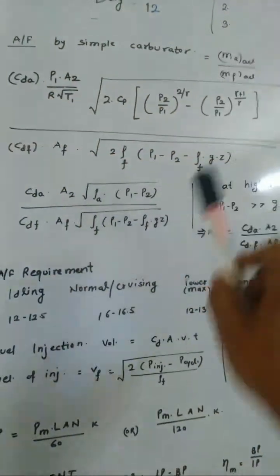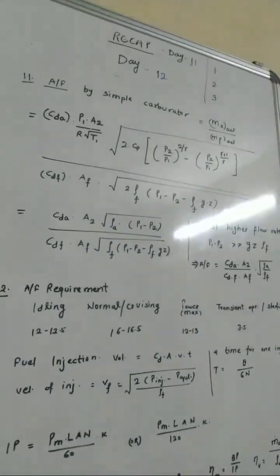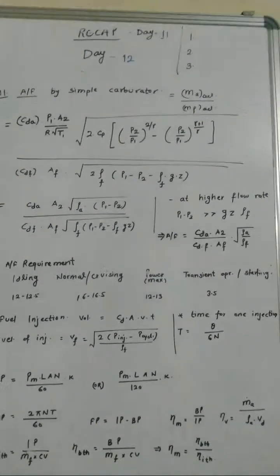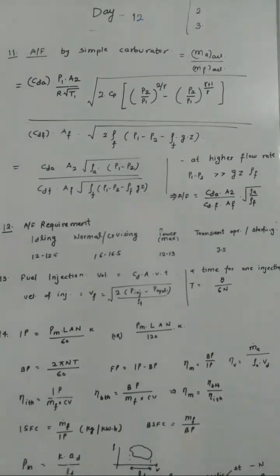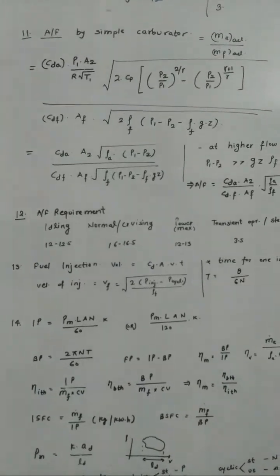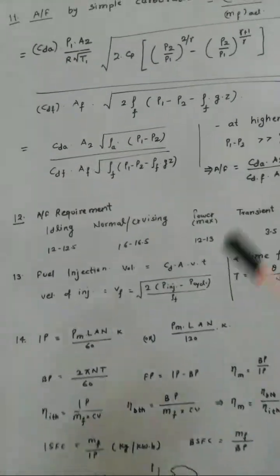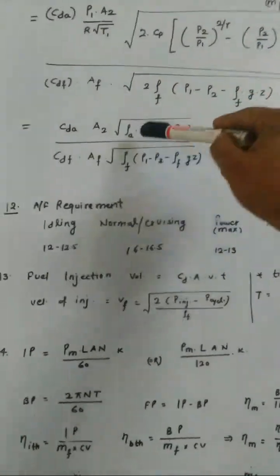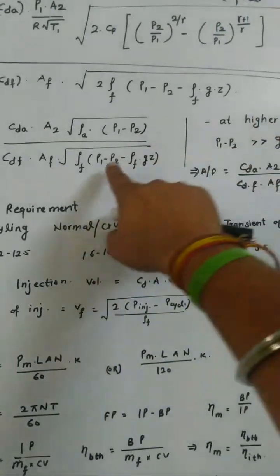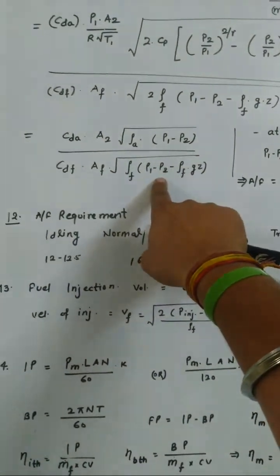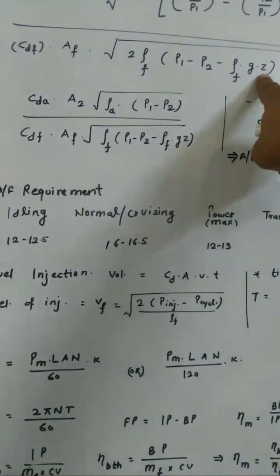This is the case when the air is being considered as compressible, as it is, air is always compressible. But if we have some assumptions given like consider air as incompressible, then these pressure terms will come in this way. And generally for higher discharge, this P1 minus P2, the pressure difference, is very high compared to this Z term.